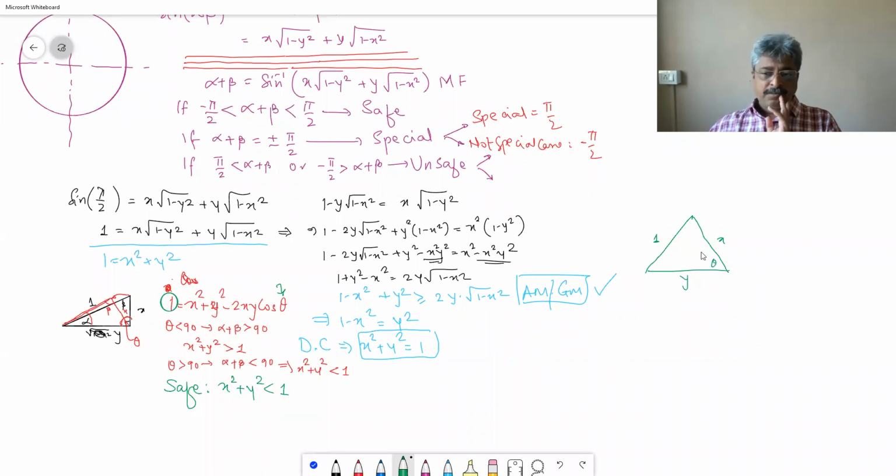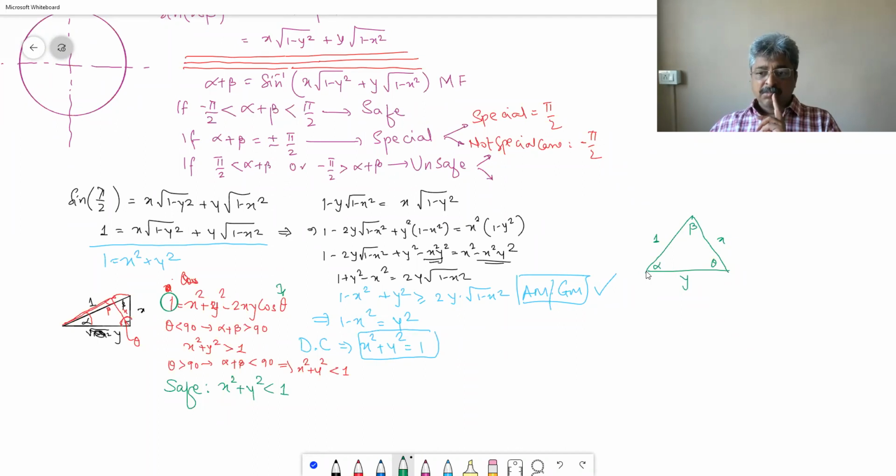Sir, but what is alpha here then? This is alpha and this is beta. So is it not sine inverse of x? Yes, alpha is sine inverse of x.